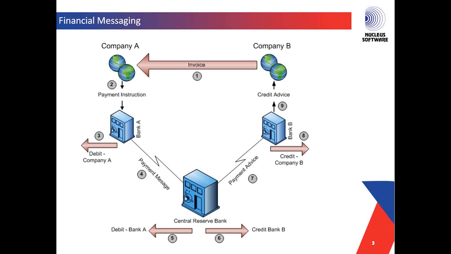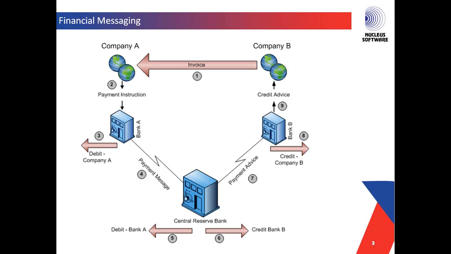Now, before sending this instruction to the central bank, Bank A will debit Company A's account because the money has to be paid from that account. The clearing system, when it operates, debits Bank A's account and credits Bank B's account.